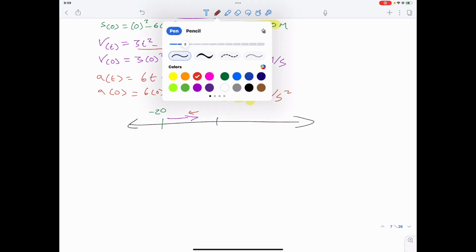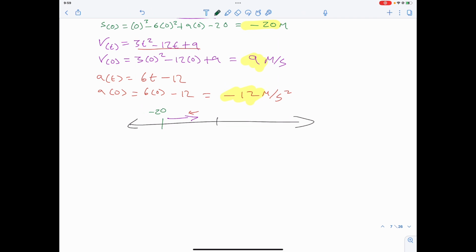So, what am I going to say? I'm going to say that the object is initially 20 meters left of the origin.